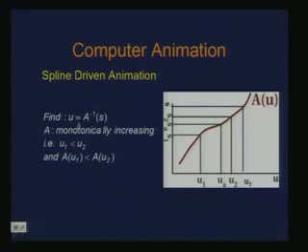Now there is a property which can be of help, which is that this A, the relationship function between u and s, gives us monotonically increasing values. That's a fundamental property we need for the parameterization, in the sense that if I have u1 less than u2, then A of u1 is going to be less than A of u2. So this monotonicity has to exist.